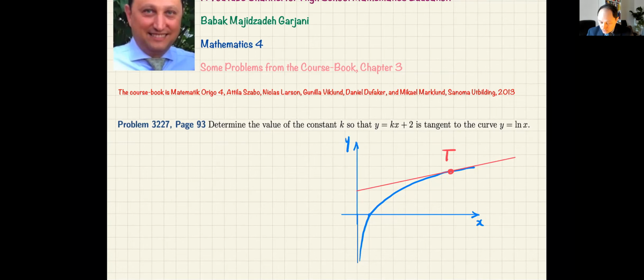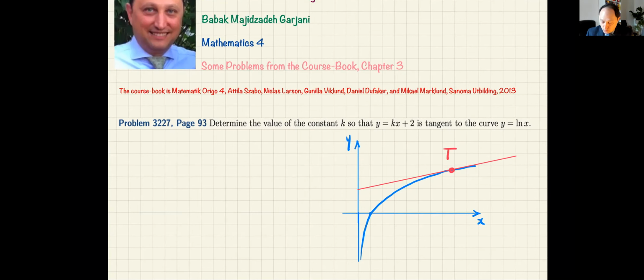What do I mean by pretend to have it? This is a good technique to remember. I don't know the point of tangency. Let us pretend that the x-coordinate of the point of tangency is some number called a. Of course, a is not known yet. But then this x-coordinate would be a, and can you tell me what would be the y-coordinate now?